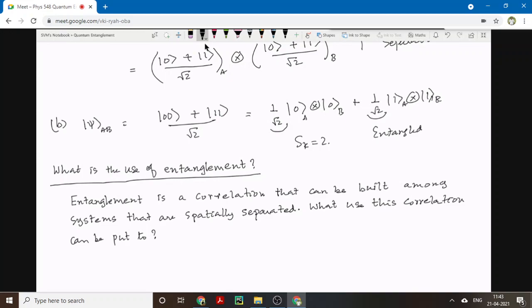Spatially separated means, in some sense, it can be called a non-local correlation. So in some sense, we can say that entanglement is a non-local correlation.